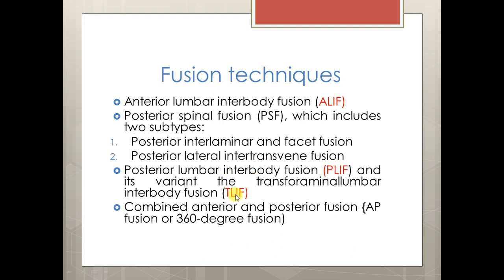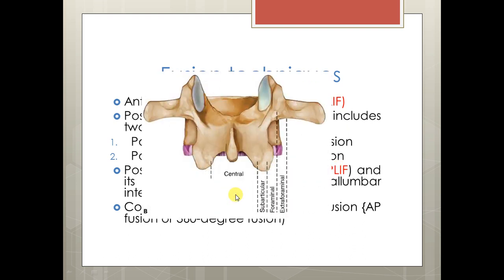So what is the difference between PLIF and TLIF? PLIF is a medially directed discectomy, and TLIF is a laterally, transforaminally directed discectomy. That's all the difference. So in the PLIF, you will retract the cord much more medially to the other side. But if you go transforaminal, you will remove the facet and go laterally, so you don't need to retract the cord.